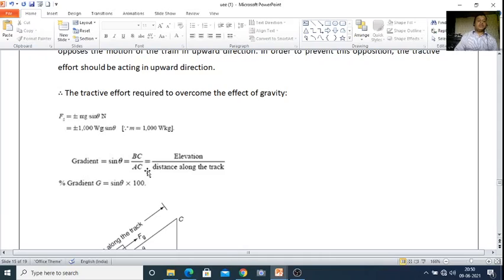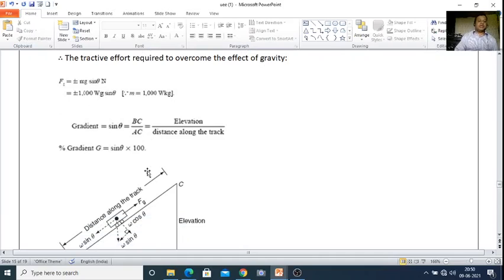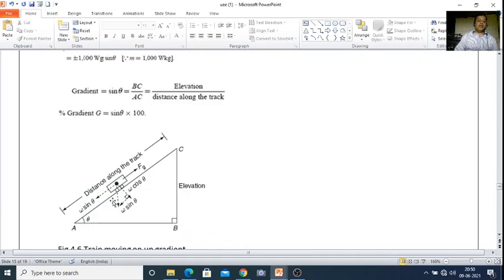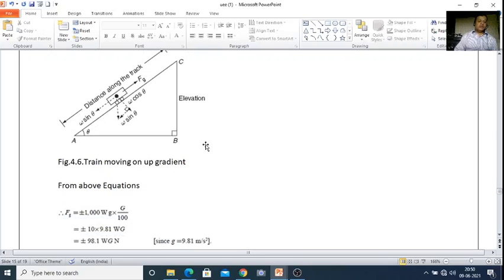So gradient is equal to sin theta, that is equal to BC by AC, where BC is nothing but the elevation, and AC is the distance along the track. Percentage gradient is sin theta into 100. So this is a train moving on upgradient.